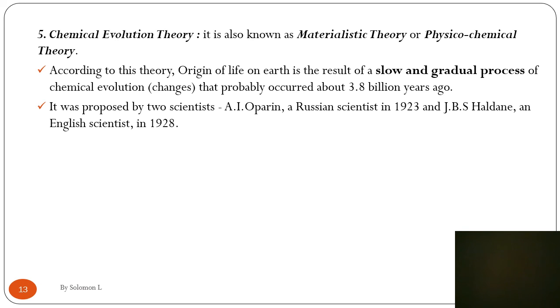Another theory of origin of life is the chemical evolutionary theory, also known as the materialistic theory or physicochemical theory. According to this theory, the origin of life on Earth is a result of a slow and gradual process of chemical evolution, or chemical changes, that occurred around 4 billion years ago.